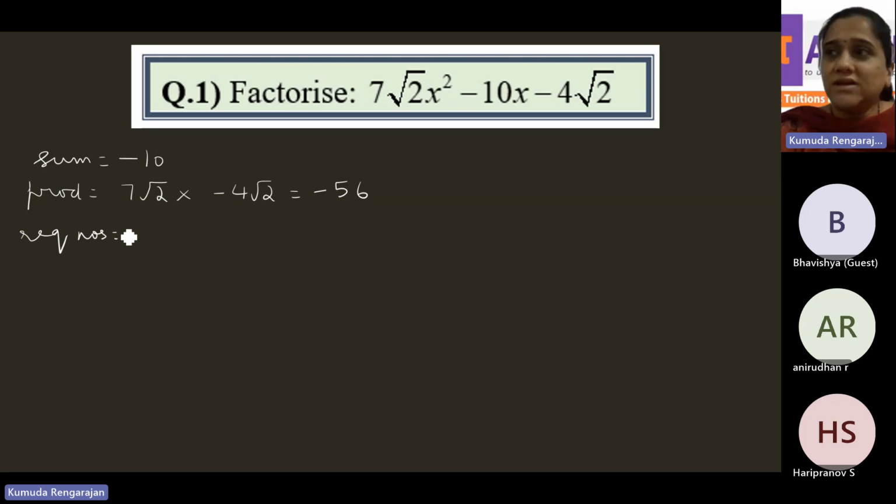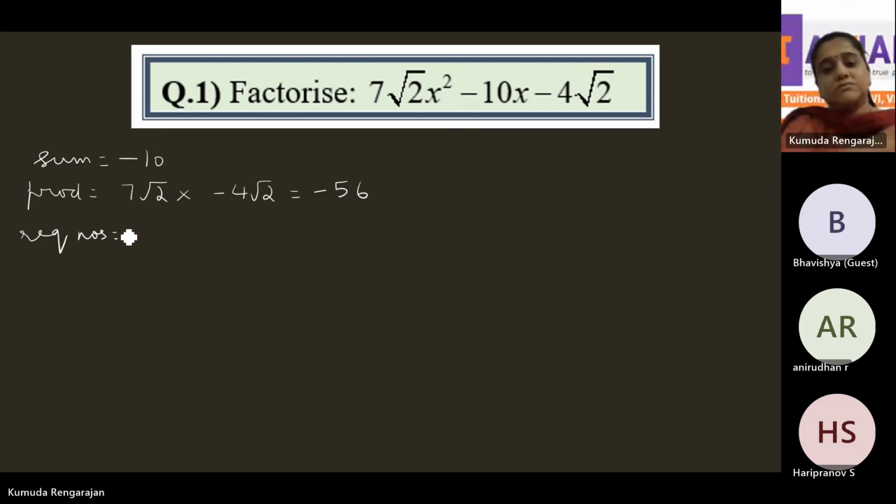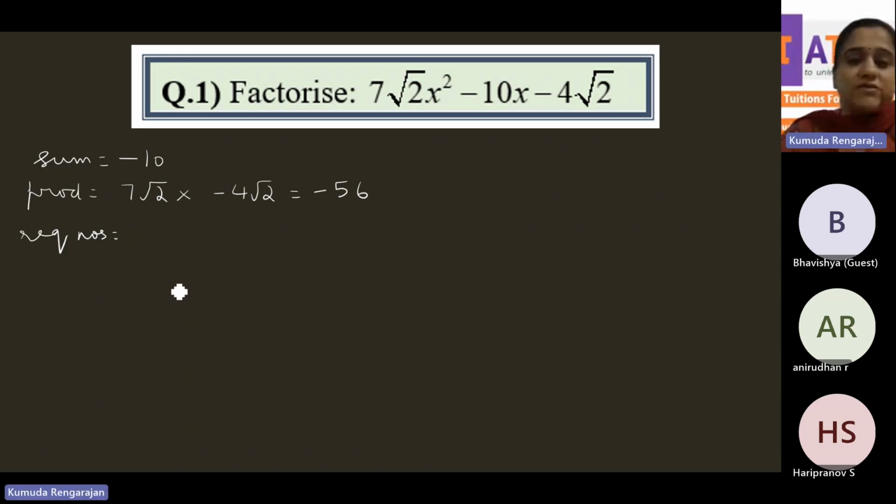What are the two numbers that will satisfy the sum and the product? Very good. Plus 4 and minus 14.